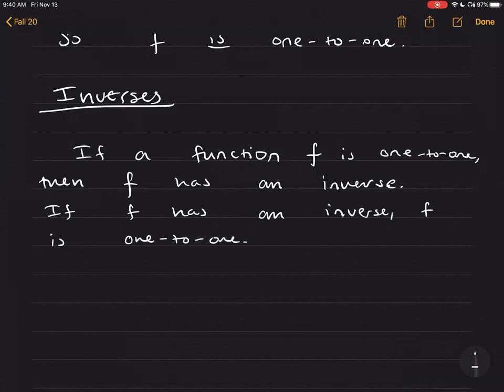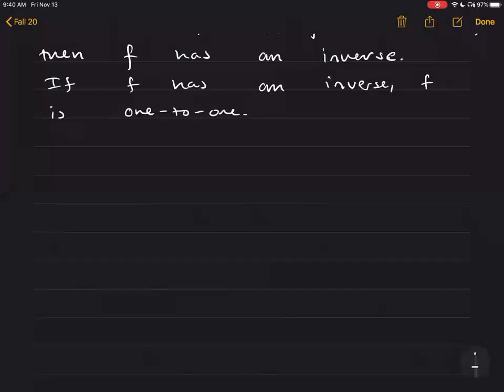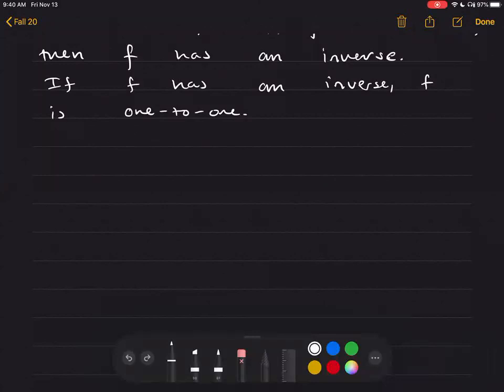And you're thinking, wait, hold on. Inverse, what exactly do you mean by that? Well, let's see the definition of that. We'll let f be a 1 to 1 function.